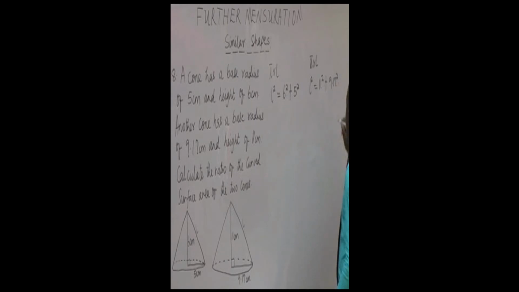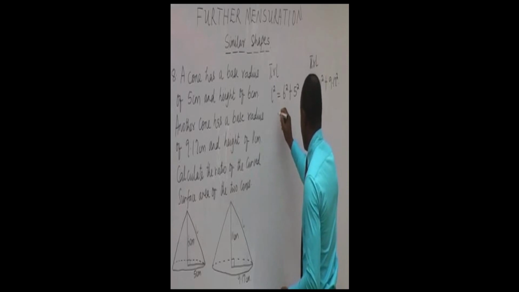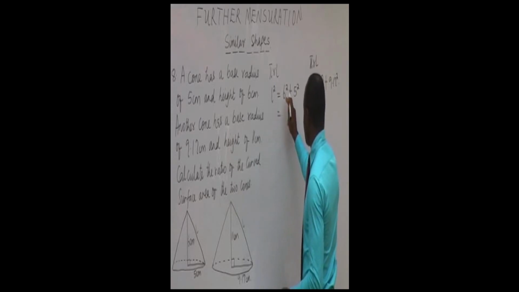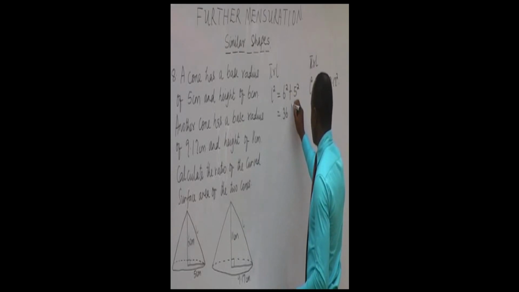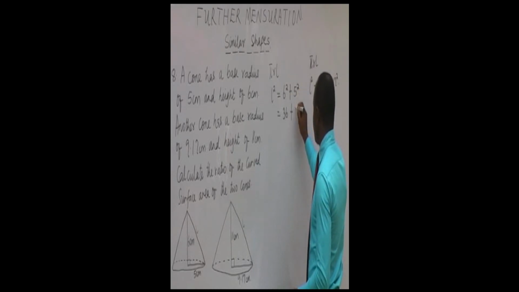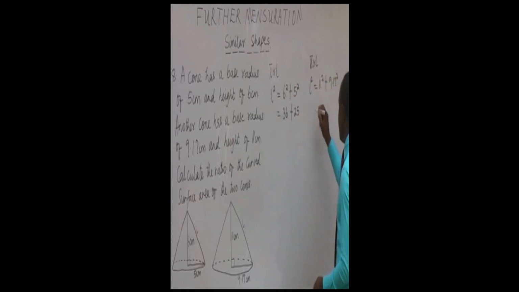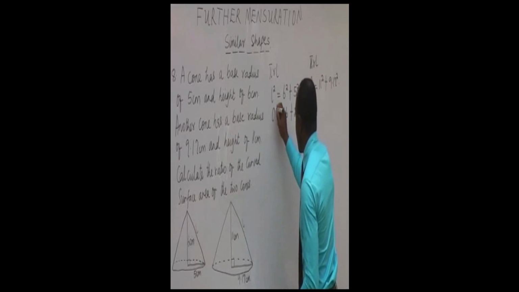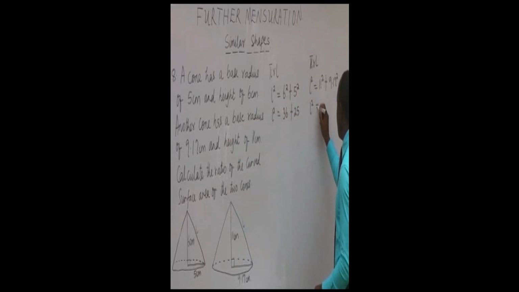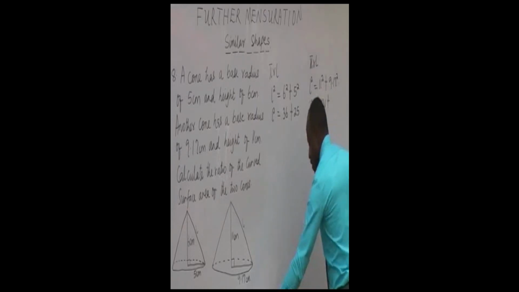Now let's simplify this. L squared is equal to 6 times 6 is 36. That is 6 squared. 5 times 5 is 25. That is 5 squared. In this case, our L squared is going to be 11 times 11 is 121. You can confirm with your calculator.